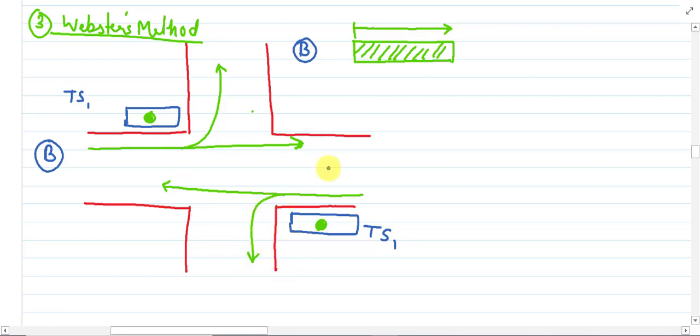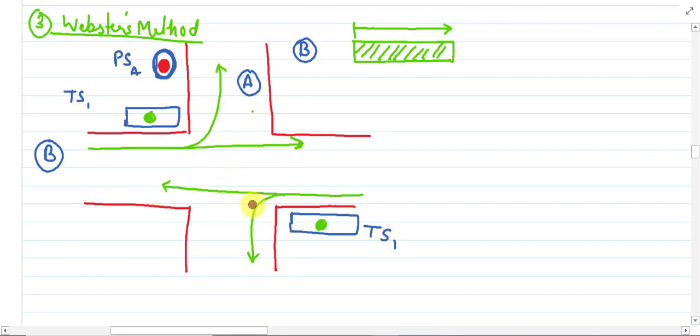So you can clearly see that during the green time for road B, there is no green time for pedestrians which are moving on road A. Suppose this is road A, so the pedestrian signal for road A is considered red here, because there is a movement of left turn.